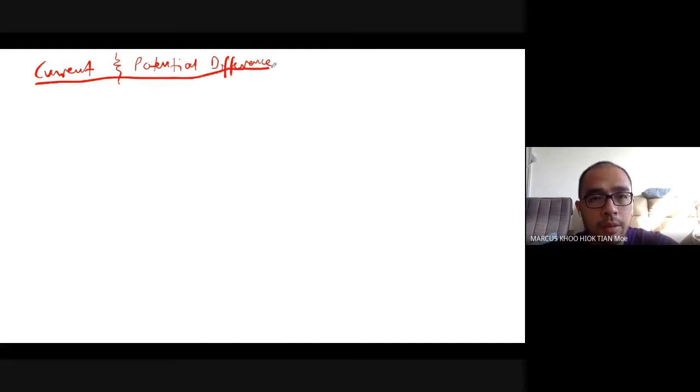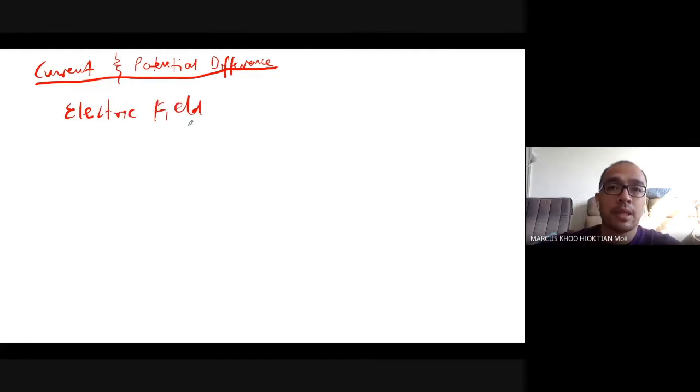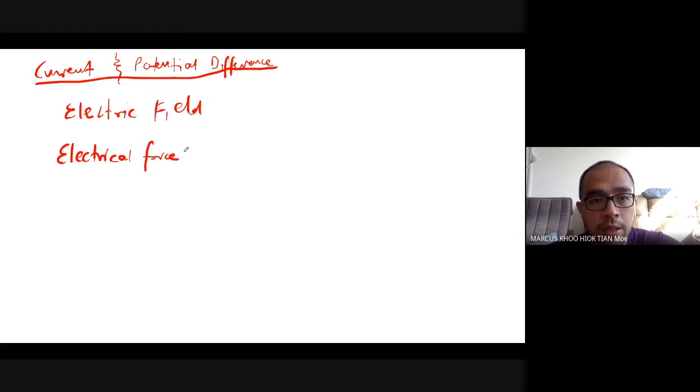We talked about the most important thing we need to know, which is what an electric field is. An electric field is a region where a charge experiences a force. There are two types of electrical forces: the repulsion force, daya tolakan, and the attraction force, daya tarikan.